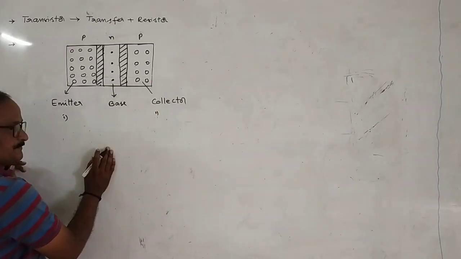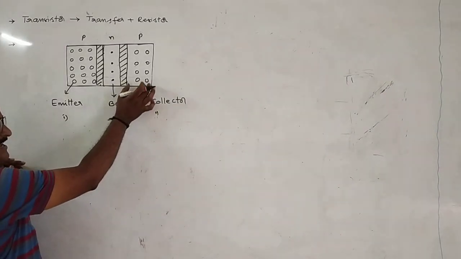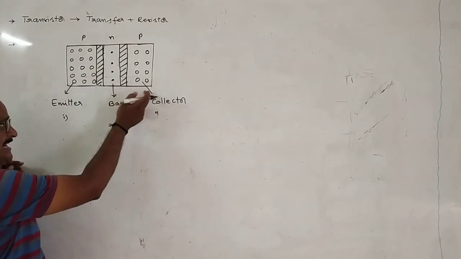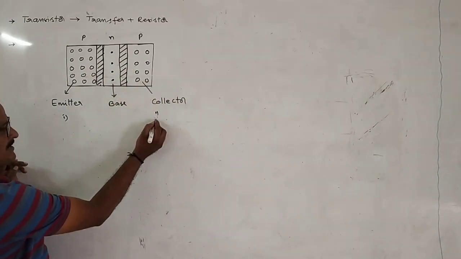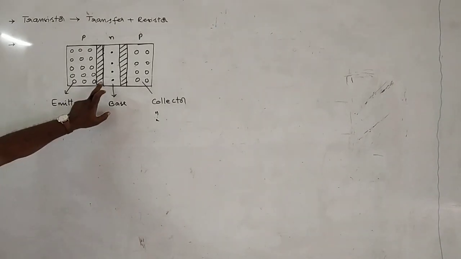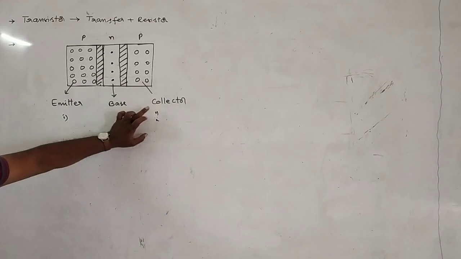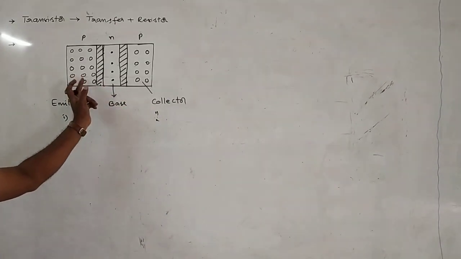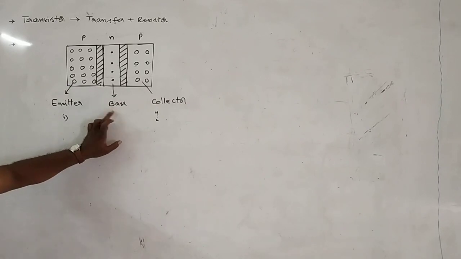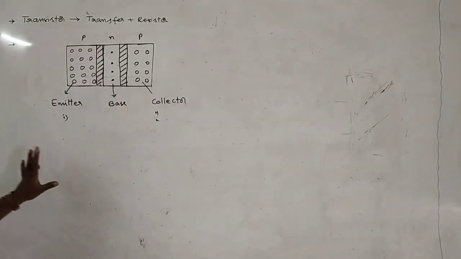The collector has a lesser area compared to the emitter, and it is a moderately doped material. And a narrow region between emitter and collector, which is a lightly doped material, is known as the base of the transistor. Right?